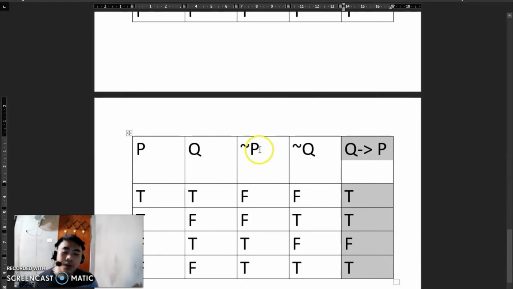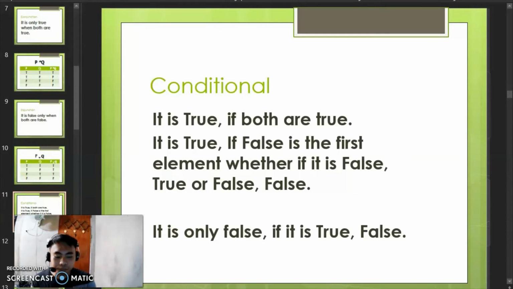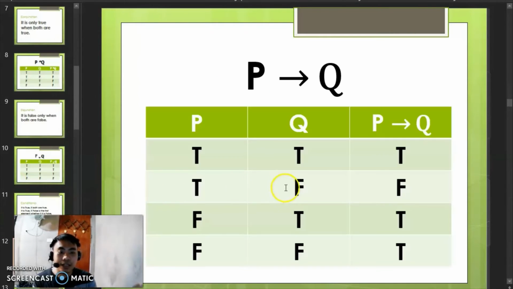At isa pa po, once na nagkamali po kayo from the start, mababa ang possibility na makuha nyo yung tamang sagot. Kasi sa una pa lang, mali na ang naging sagot ninyo. Okay? So, the last one on this part will be ito po yung sinagutan natin. So, we have P, if P, then Q. So, we have T, F, T, T.